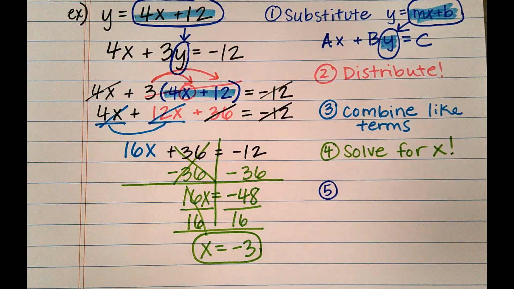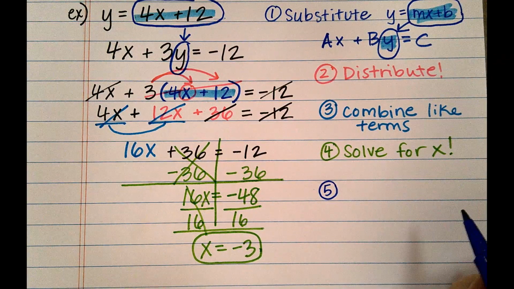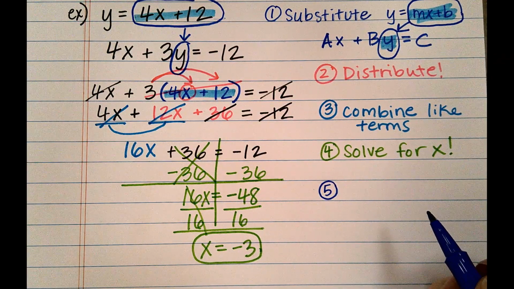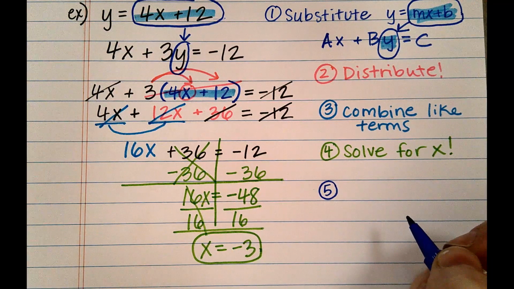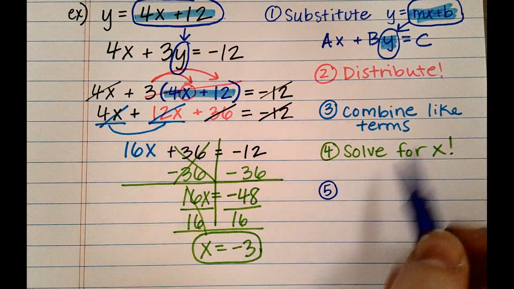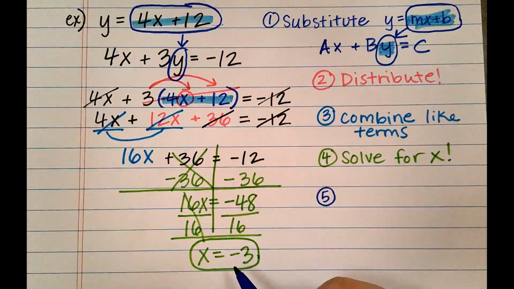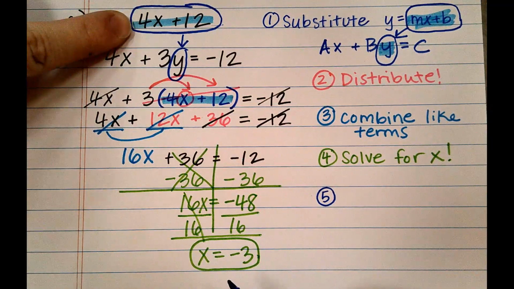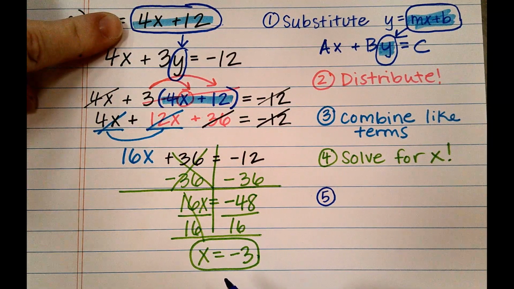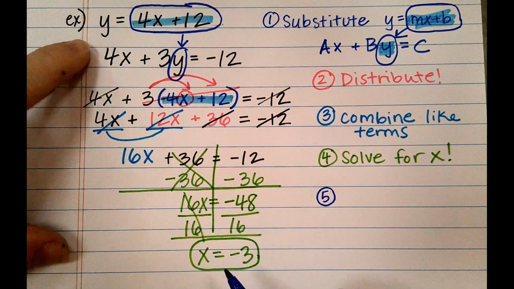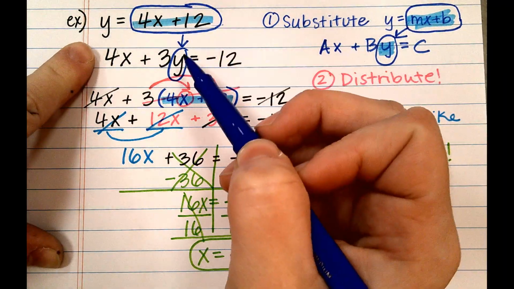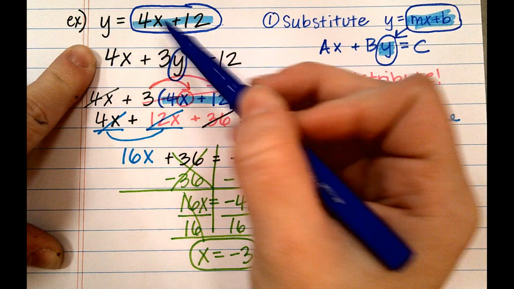So I have my x. Basically, what am I doing now to find y? Plugging in negative 3 to your x. Where am I plugging? 4x plus 12. Yes. So we want to plug in the x value to that original value for y that we substituted in. Because this says y equals 4x plus 12.